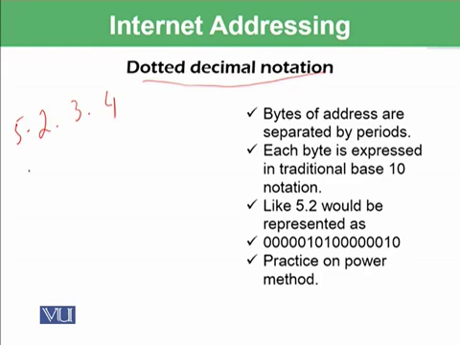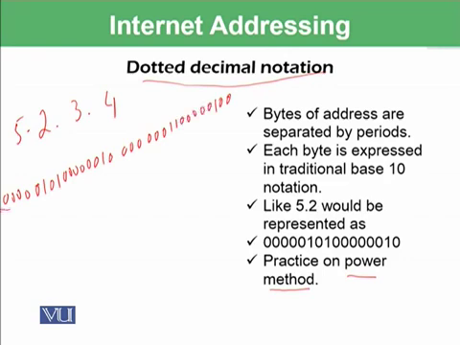Using the power method which we have learned in the previous modules, 5 can be represented as 101 with 5 zeros added before it, 2 can be represented as 10 with 6 zeros added, 3 can be represented as 11 with 6 zeros added, and 4 can be represented as 001 with 5 zeros added.